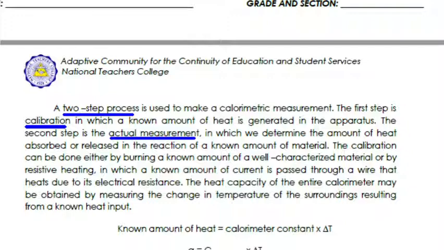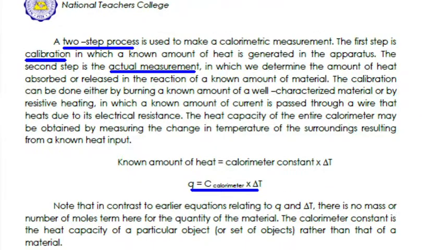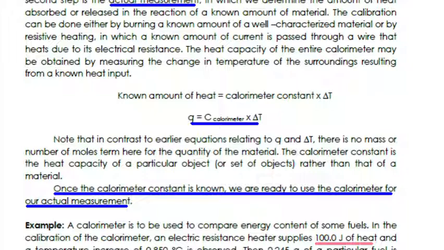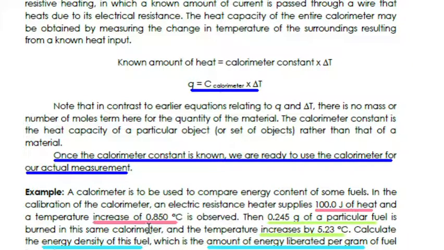Once the calorimeter constant is known, we are ready to use the calorimeter for our actual measurement. So for step 1, the pink highlight is the step 1.